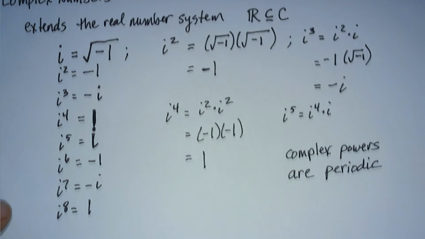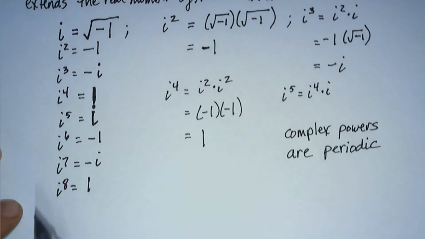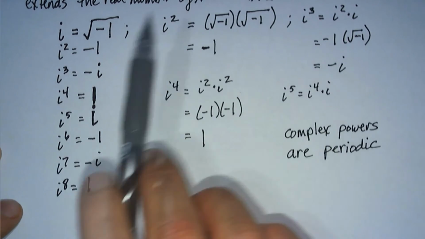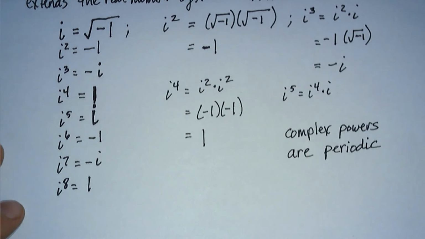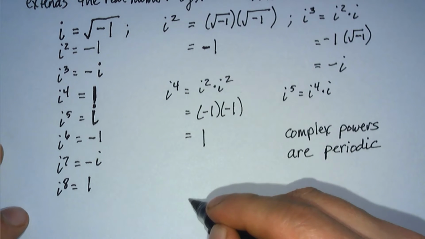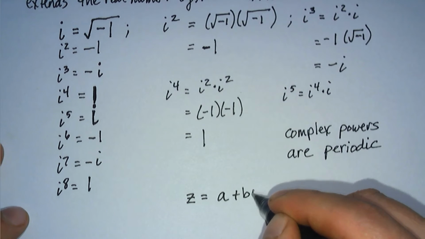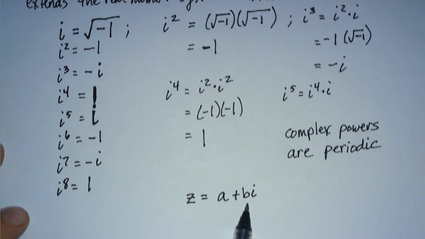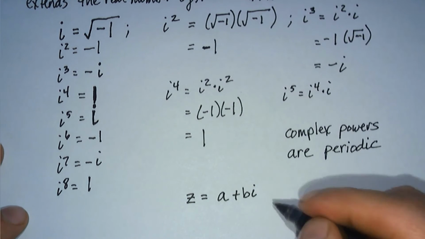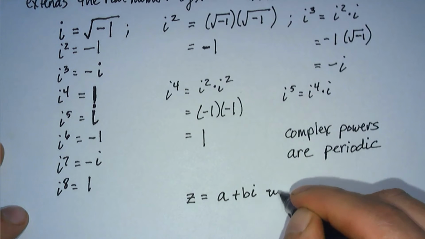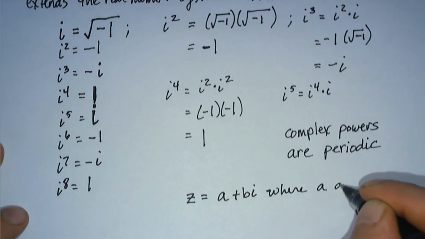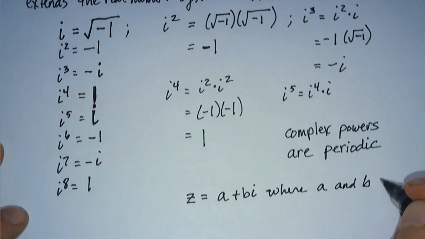Now, these are just the imaginary numbers. What makes the complex numbers is that, let's just say a complex number z is in the form a plus bi. And sometimes you see this written as ib. They mean the same thing because complex numbers are commutative, which means you can multiply them in any order. Where a and b are real numbers.